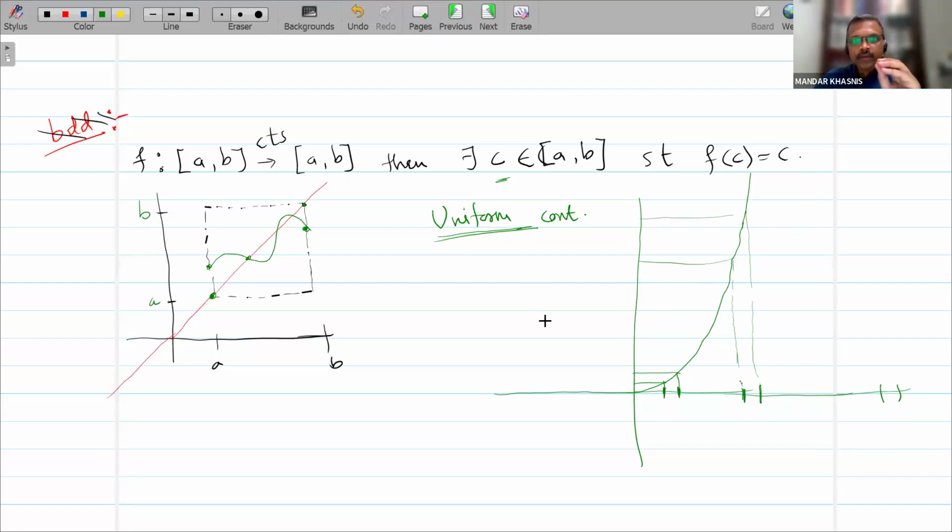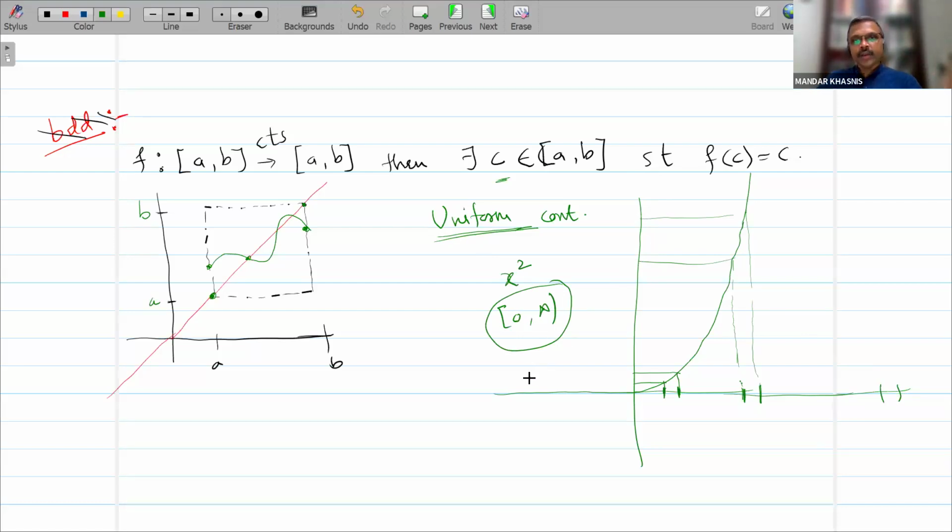Hence, for x squared with the domain 0 to infinity, it won't remain uniformly continuous because we may have to change our delta. You understand this point? Because later on, the delta needs to be shorter to keep the corresponding images close to f of p. So in that sense, what matters is the domain also.